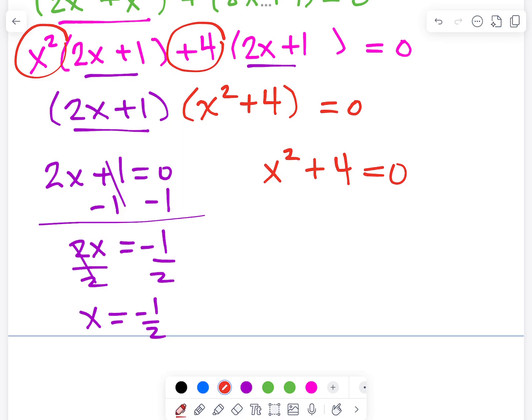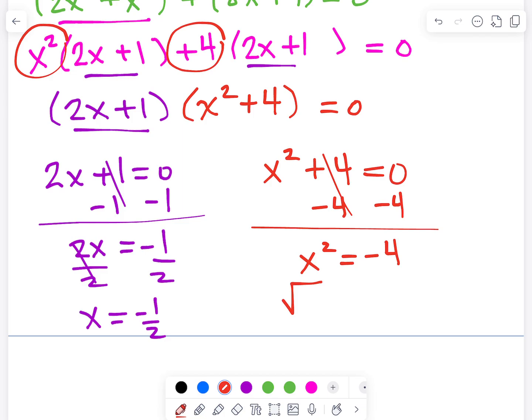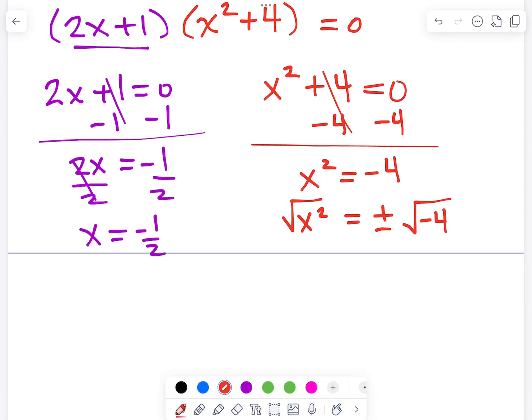The red equation, we solve by undoing. So we subtract 4 from both sides. We get x squared equals negative 4. Then we want to undo the squared, so we're going to square root both sides. Don't forget the plus or minus in front of that square root. Then we simplify.